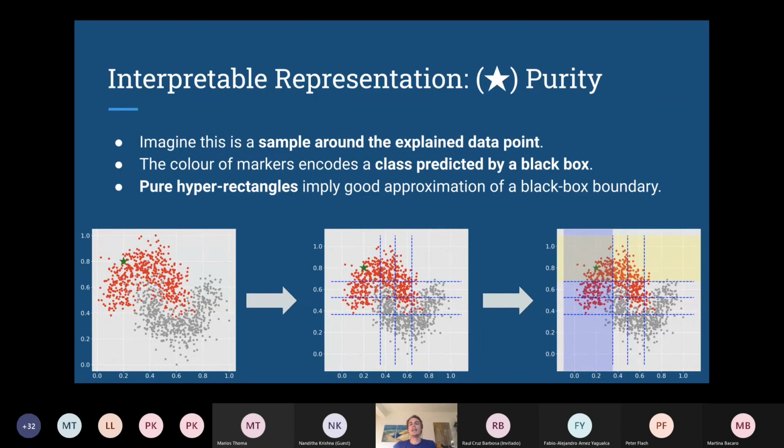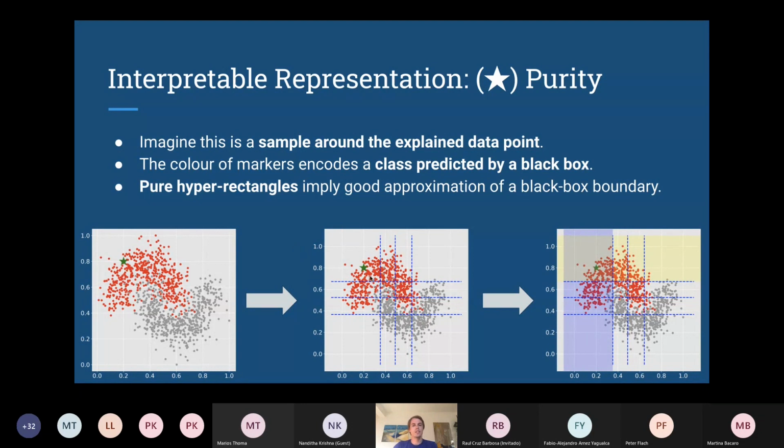What you try to achieve with both discretization and binarization is trying to approximate the black box decision boundary, because in the end, you are trying to figure out how the black box decision boundary goes in the neighborhood of the explained instance.